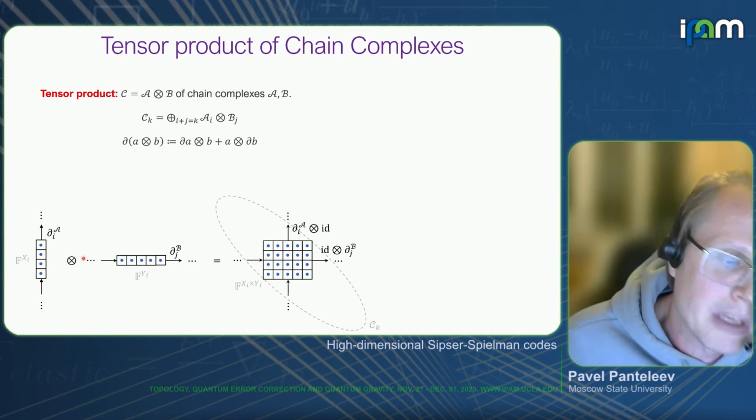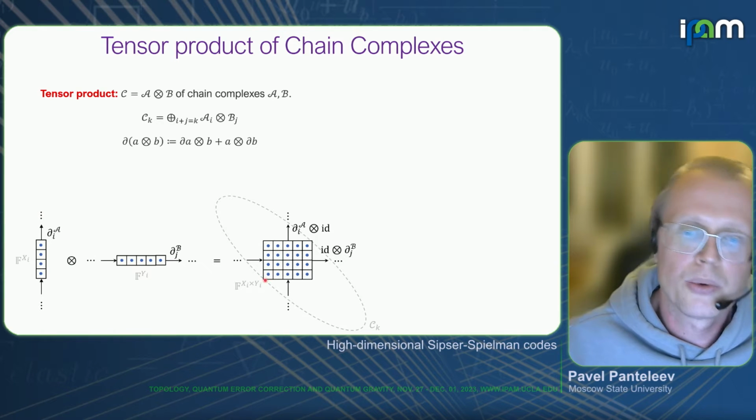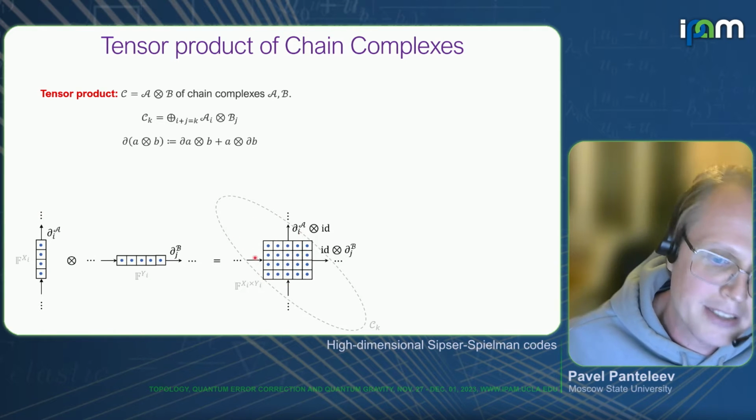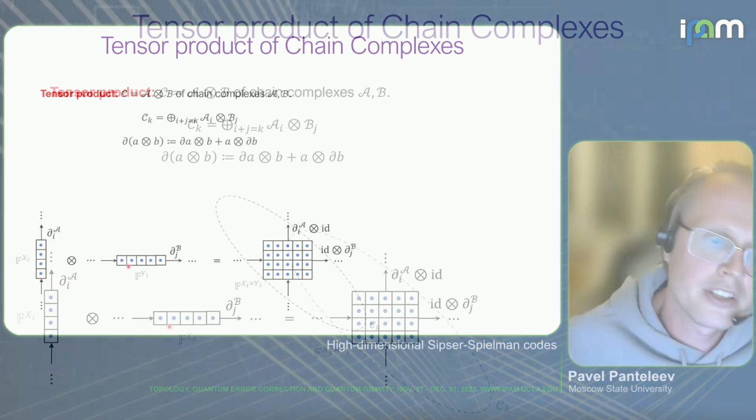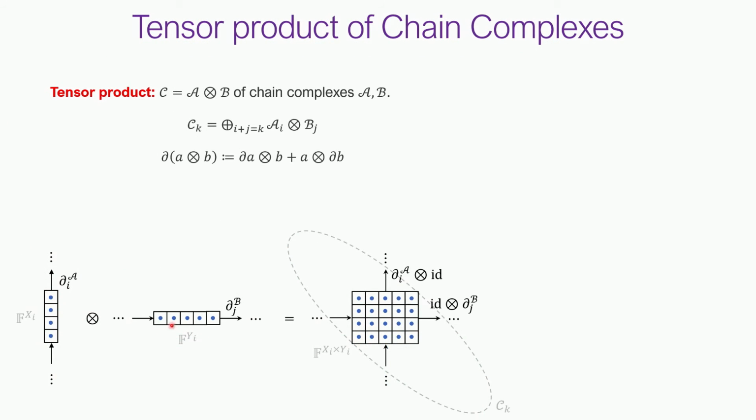And when we multiply these complexes, we obtain a new complex where each term of this complex is just a tensor product of the corresponding terms. And we have the following definition for the boundary map.